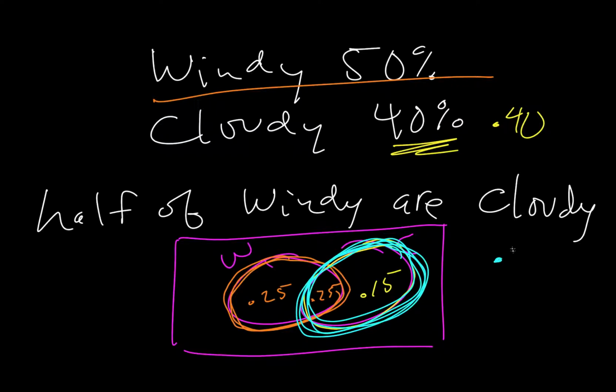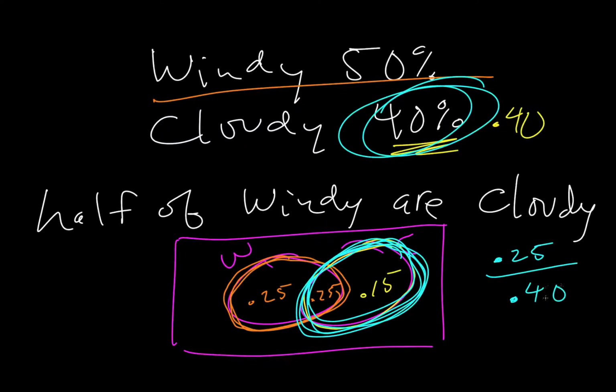So once again, we're just going back to what you want divided by the total. So 0.25 divided by the total, which is 0.40, because the total cloudy is 0.4, and 0.25 is windy when we're in that context. And so we just need to come to our calculator.